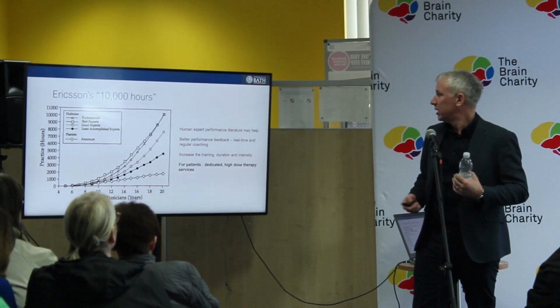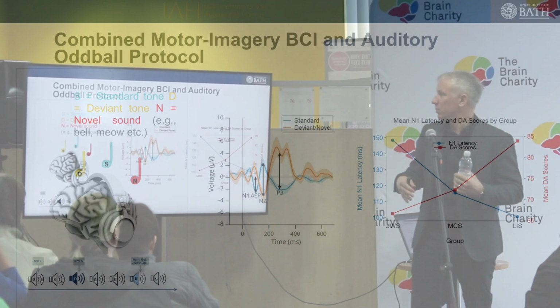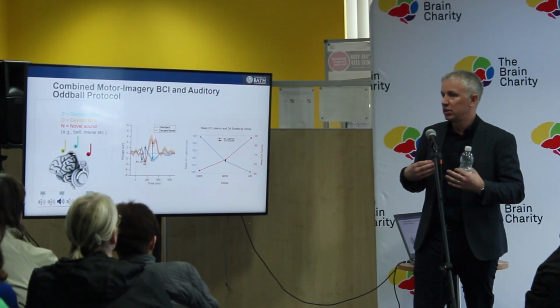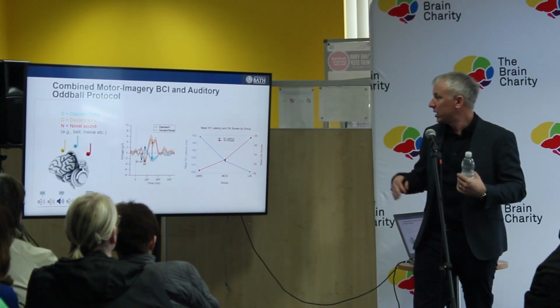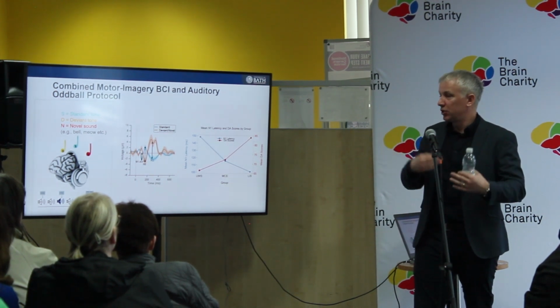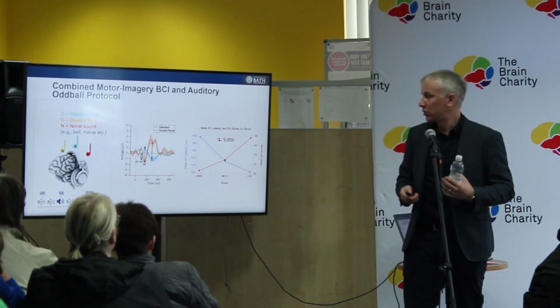We've also done a study where we added in an auditory evoked potential. So rather than just using the motor imagery, we play sounds, and then there are deviant sounds. We wanted to see that a person who has not responded in any way because they've got a brain injury had different responses to the various sounds. This is another way of assessing if a person is aware or not.